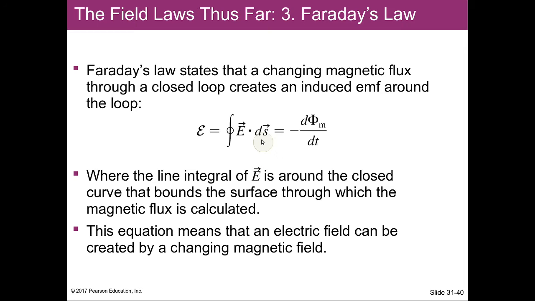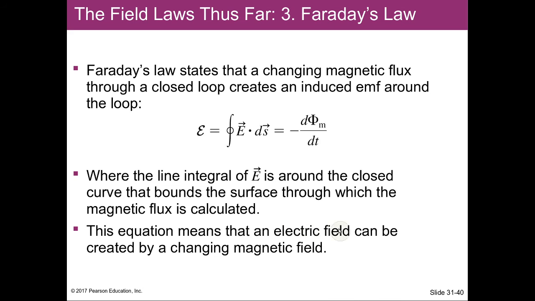Now we are integrating along a closed line, a path integral of the electric field along a closed loop, and that's going to enclose an area, and through that area we can have a magnetic flux, and the change of that magnetic flux with respect to time is going to give us the path integral around the boundary. That's Faraday's law, and we've used it extensively in the past.